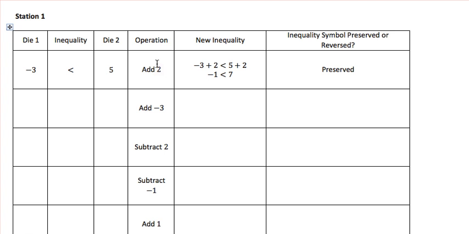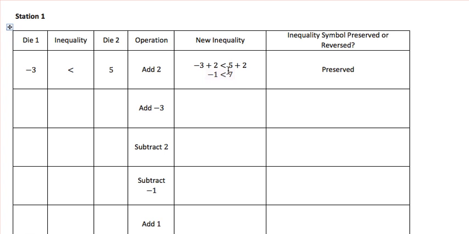Next, you will perform the operation that is listed in the next column. And so the new inequality is -3 plus 2 is less than 5 plus 2. And you do it to both sides of the inequality. And when you perform that, you get -1 is less than 7.